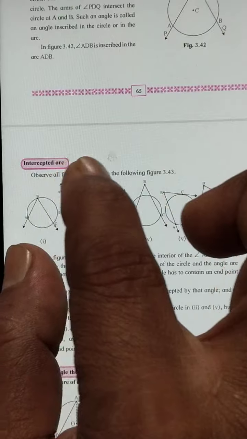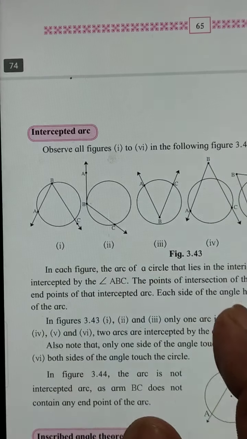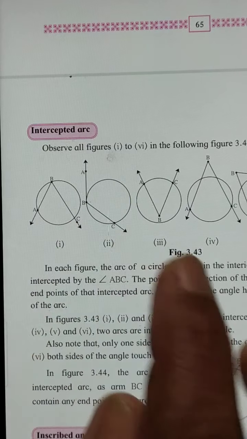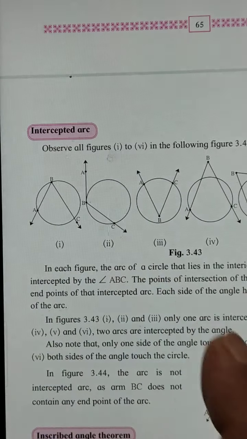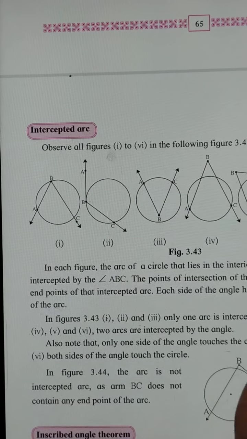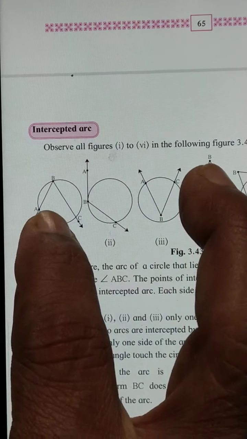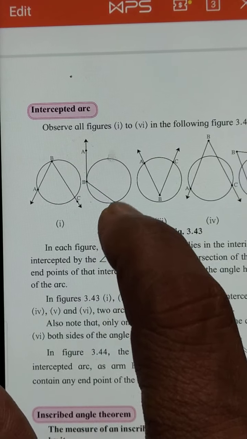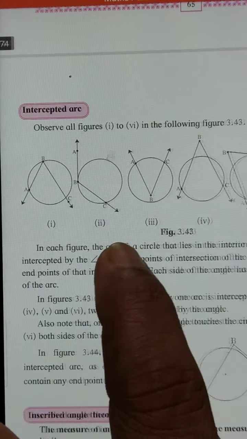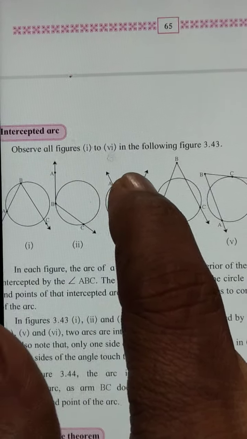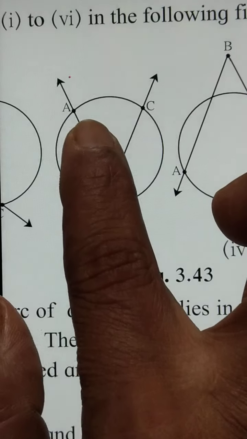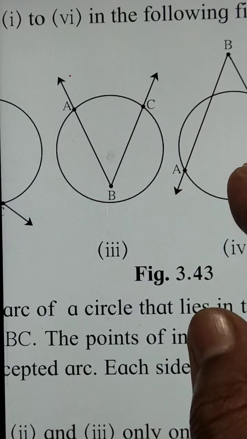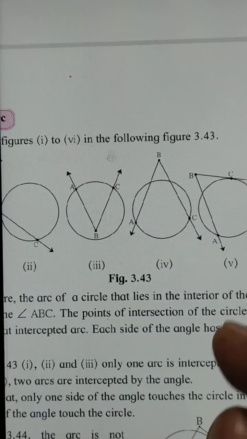Here you can see in the first figure, arc AC is the only arc intercepted by the angle ABC. Then here also in the second figure and also in the third figure, you can see only one arc is intercepted by that angle.